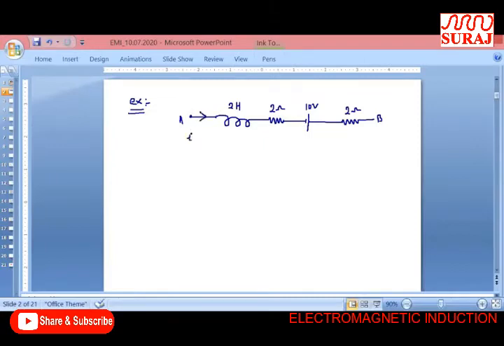These things are given, and at the instant we discuss the circuit, the current is equal to 5 ampere.